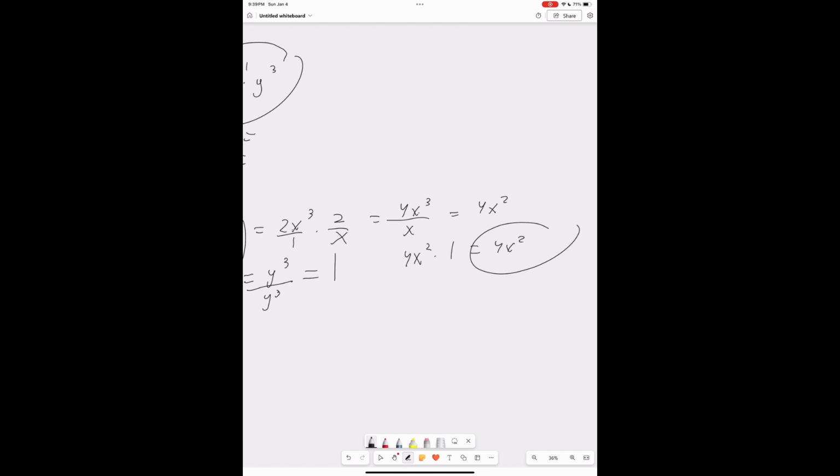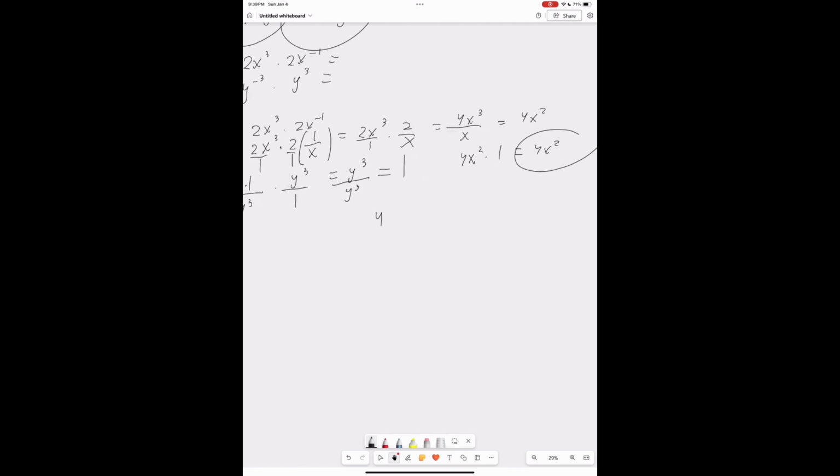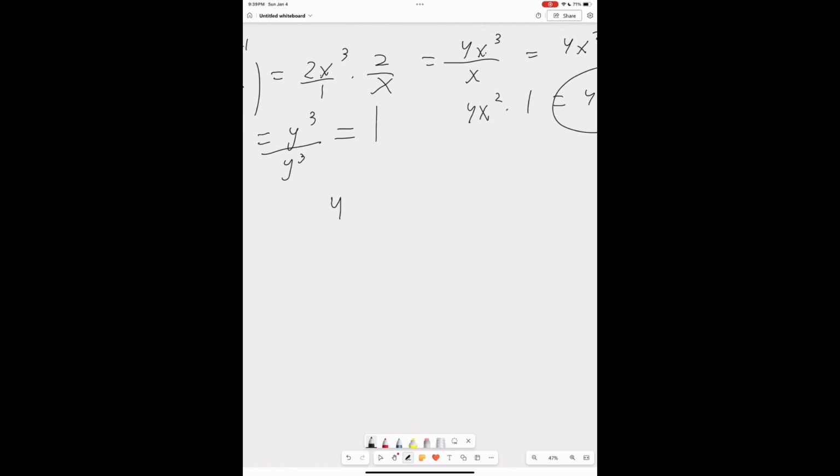So if we had this one, a cubed times, or well, b squared times 3a to the negative 4, b to the negative 3.